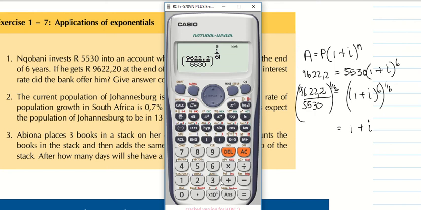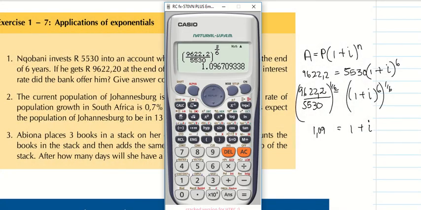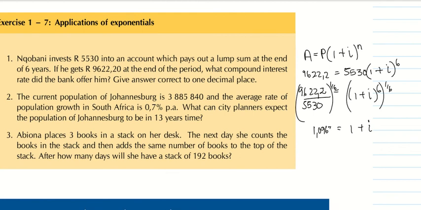Then you get that number. It's going to be 1.09 and so on, so I would suggest you write 1.0967 and then fill in the dots.